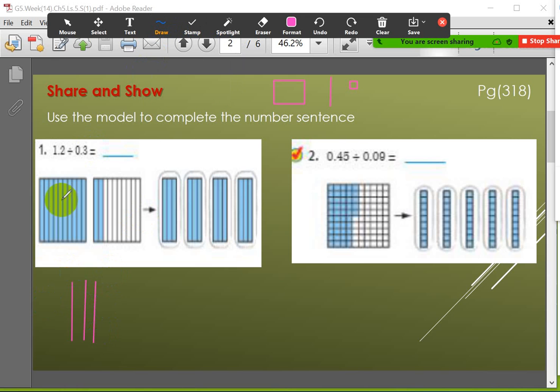So when I want to divide this model by 3 longs, that means I have to divide this model into groups. Each group will contain 3 longs.